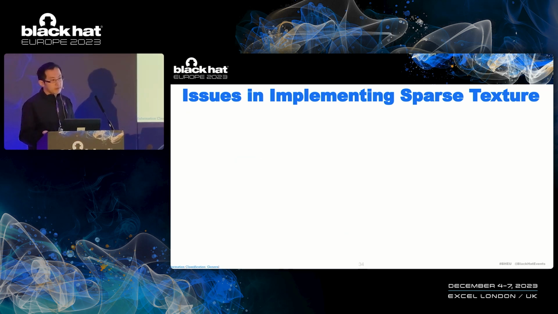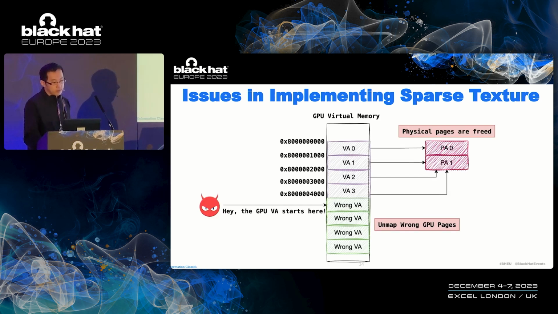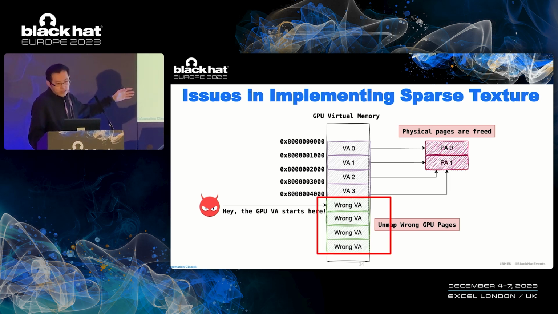But a malicious user can also talk to the GPU driver directly and supply the wrong GPU virtual memory. As you can see here, if we supply the wrong GPU memory, the driver will still free the physical pages and unmap these wrong GPU pages. So the GPU page table could be corrupted, because it unmaps wrong or invalid GPU pages.